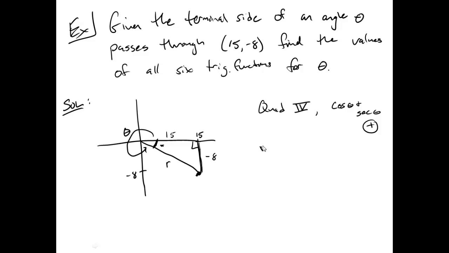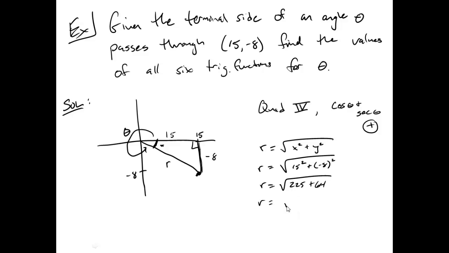And we got to solve for r because we want the hypotenuse. So r is equal to, remember, the square root of x squared plus y squared. So r is equal to the square root of x is 15 squared plus y is negative 8 squared. It really doesn't matter if you use the negatives here because they're going to cancel out anyways after they're squared. This is the square root of 225 plus 64.